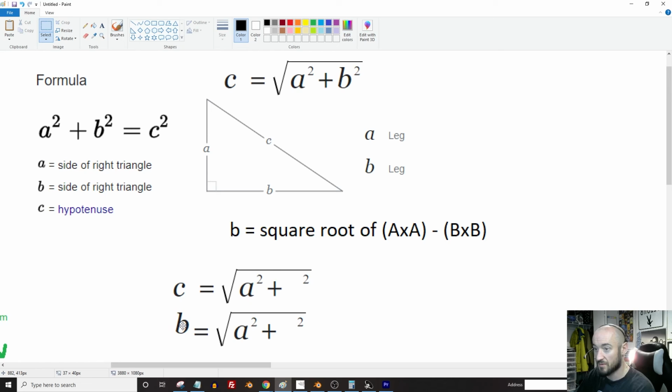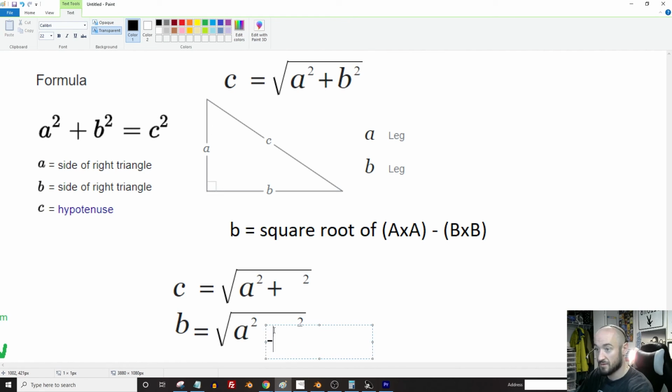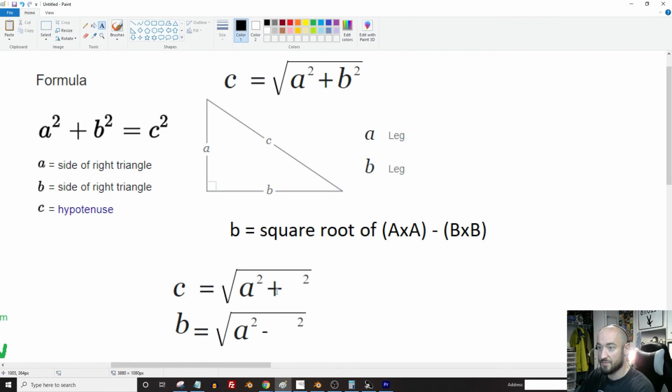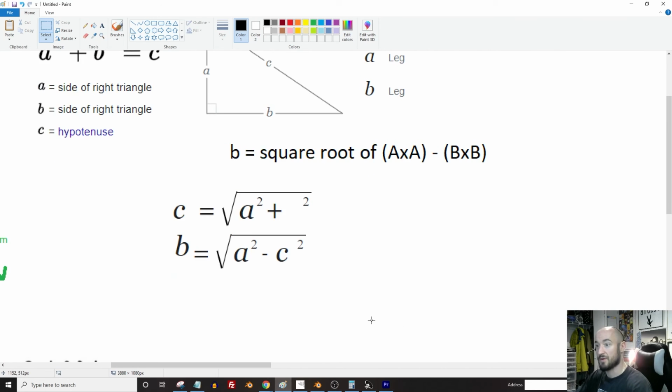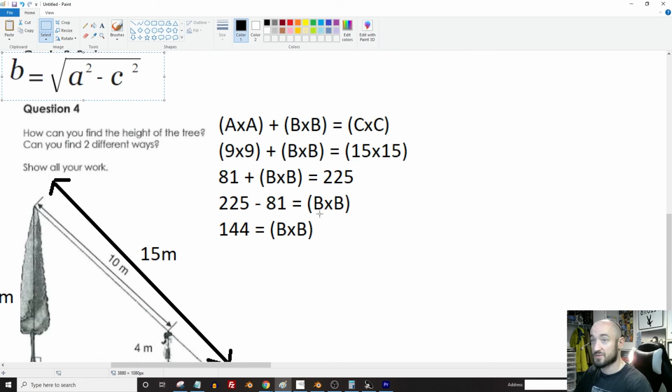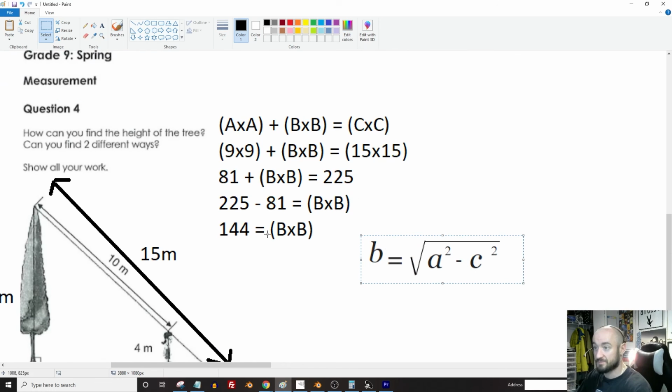So instead of a plus, we need a minus. And because we're solving for b, we need our c. Other than that, everything else is the same. And now we have our formula to work with. Let's bring it down here so we can see it.